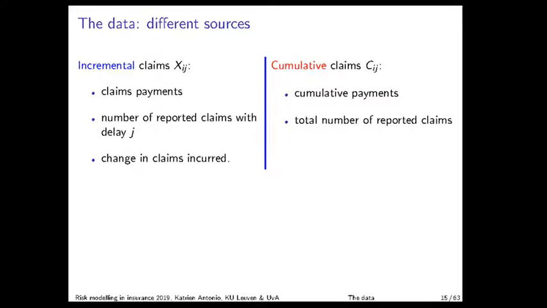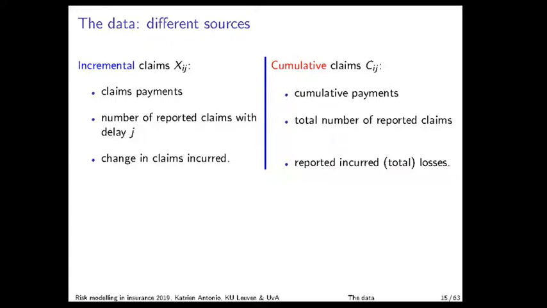Now, in cumulative format, the Cij random variables may indicate the cumulative amount paid up to and including development year j for claims that occurred in year i, the total number of claims reported until development year j with occurrence in year i, or the incurred claim amounts.